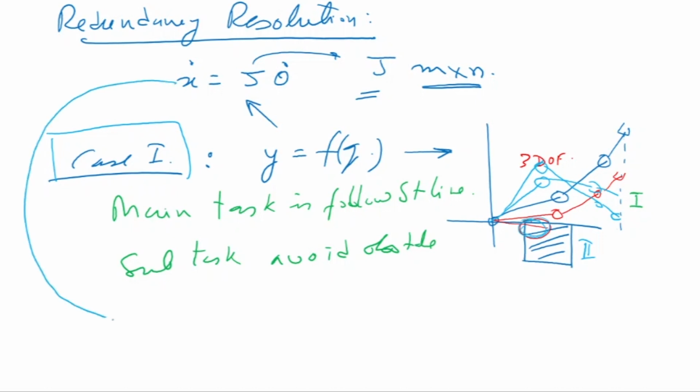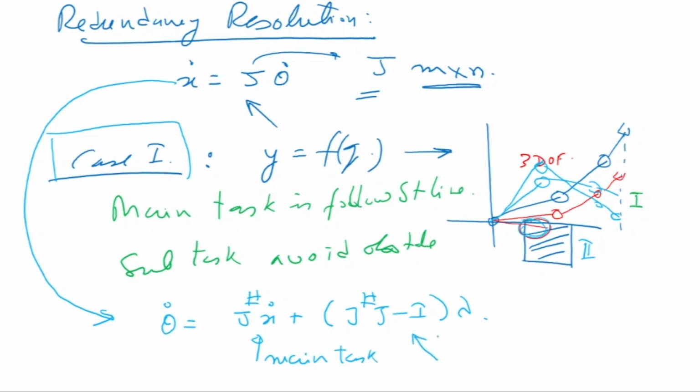Now here, coming back here, if I take theta dot is equal to J hash into x dot plus (J hash into J minus I) into lambda, this is the solution for theta dot. Now this can become my main task. Okay, and this is my subtask, or let's call this the secondary task.